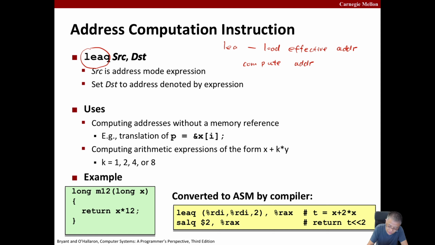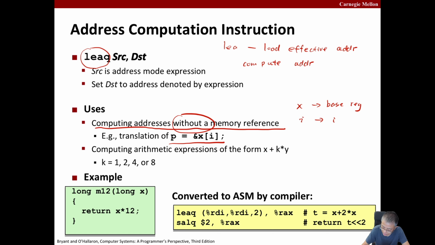So it's used to compute the address without a memory reference, right? This can be used to translate instructions like getting the address of an array element. We have mentioned this before, right? So the x will be put into our base register. The i will become our index. Then, because it's an array, we need to have a scale.